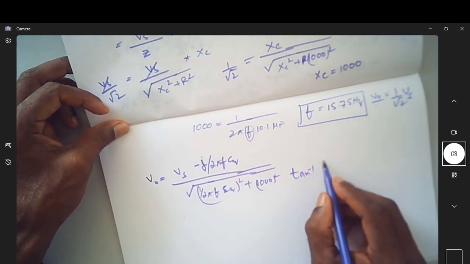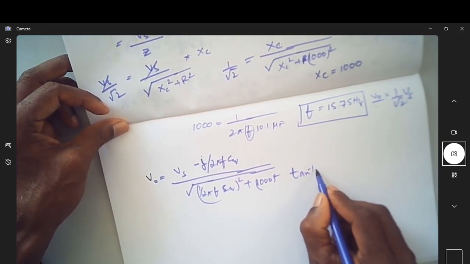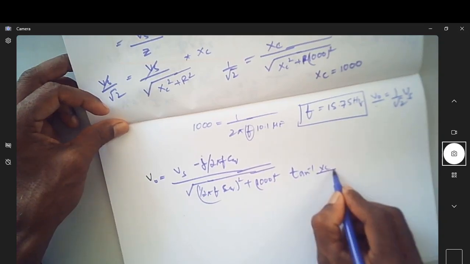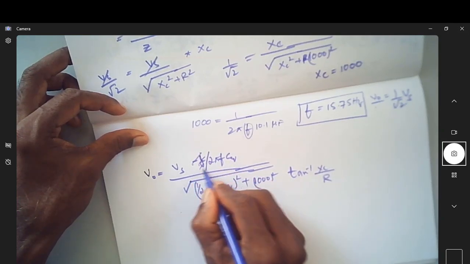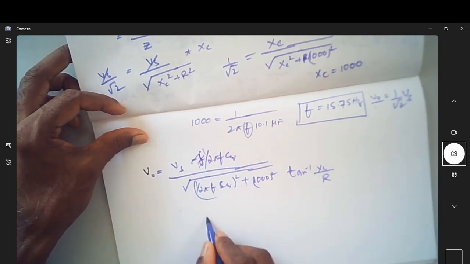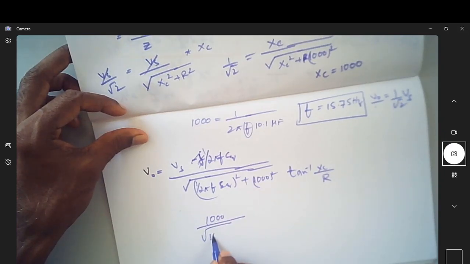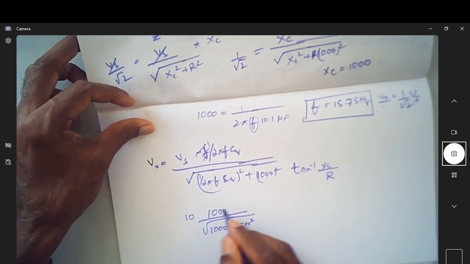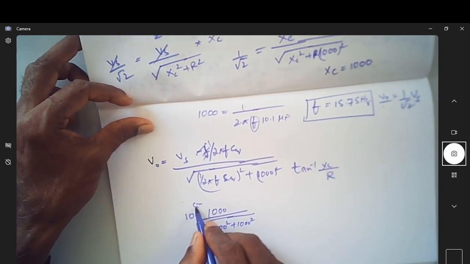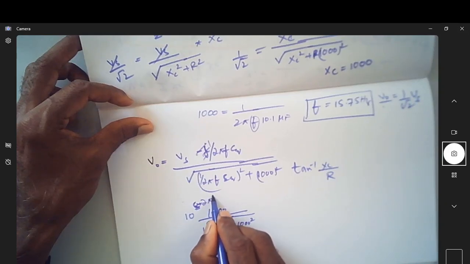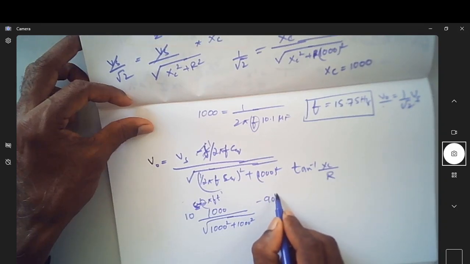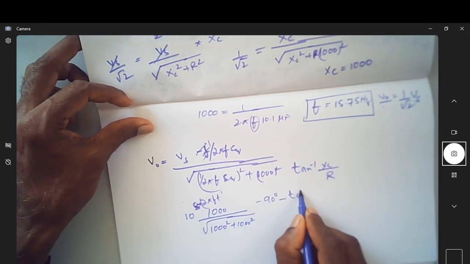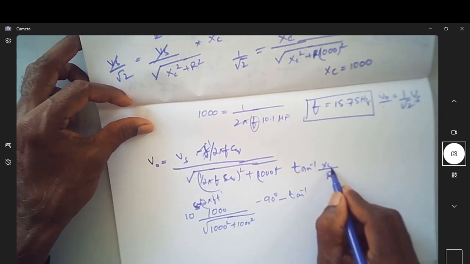The magnitude is 1000 by the root of 1000 square plus 1000 square. This is 10 sine 2 pi F t, plus the phase, which is minus 90 degree, and minus of tan inverse of 1000 by 1000, which is tan inverse of 1.